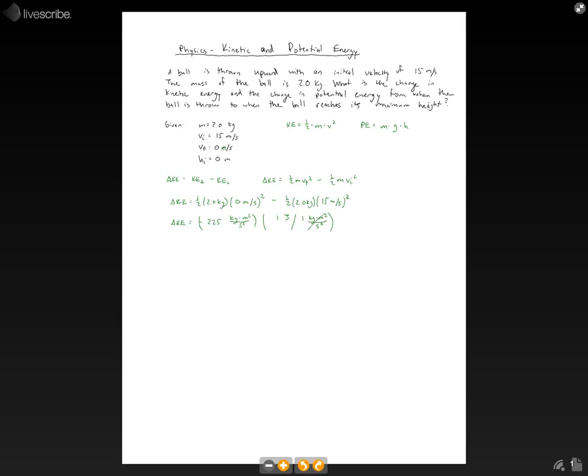So really, if you think about that, all of those units cancel, and our change in kinetic energy is really just negative 225 joules. Now this is a very simple unit conversion, just because of the way the SI unit system is based and how joules uses all of these base units.